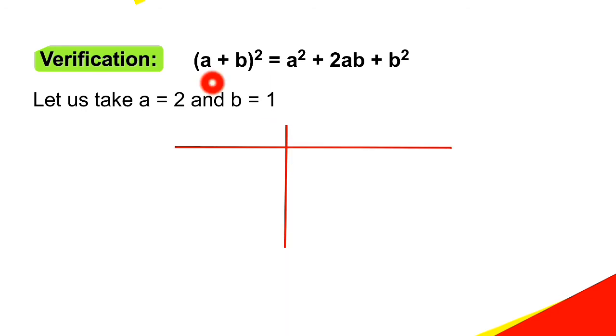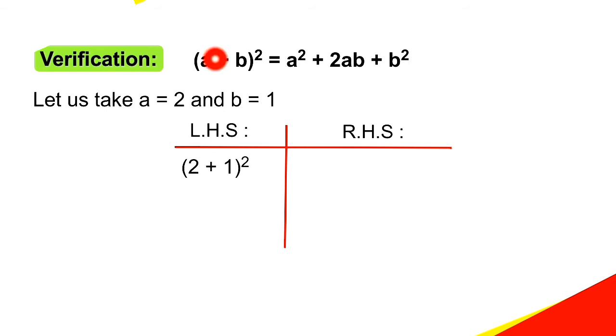Here we can see A plus B whole square is the LHS side, which is equals to A square plus 2AB plus B square, the RHS side. Now we are going to substitute in the LHS side and RHS side. Now what we can get?